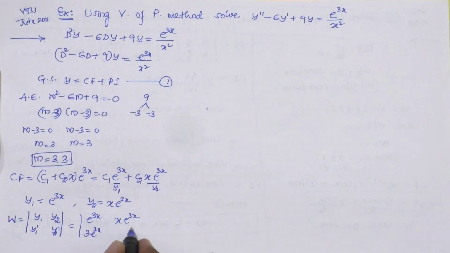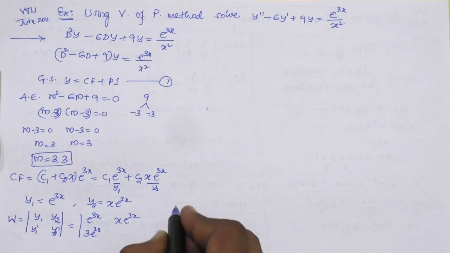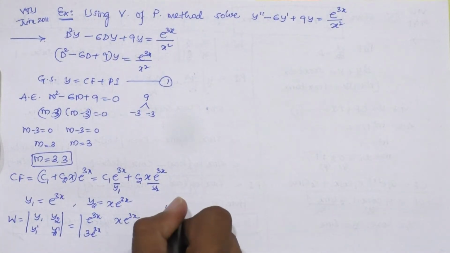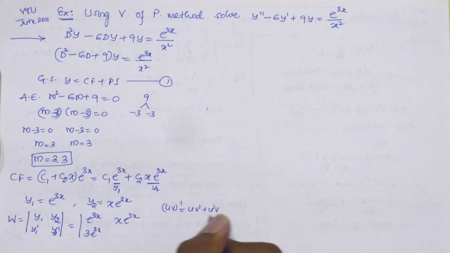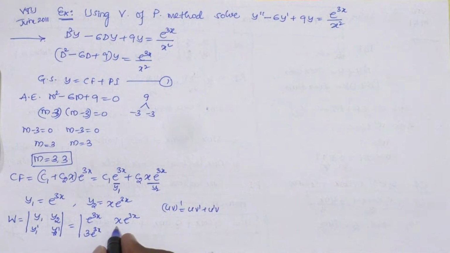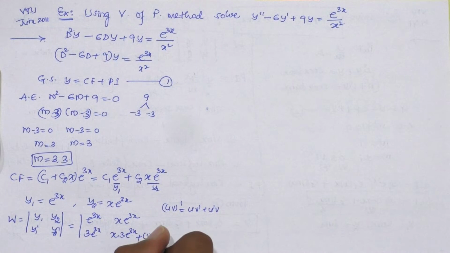So we need to apply the product rule, u into v dash plus u dash into v. Treat x as u: x into v dash, 3 e raised to 3x, plus u dash, the derivative of x which is 1, into v, e raised to 3x.